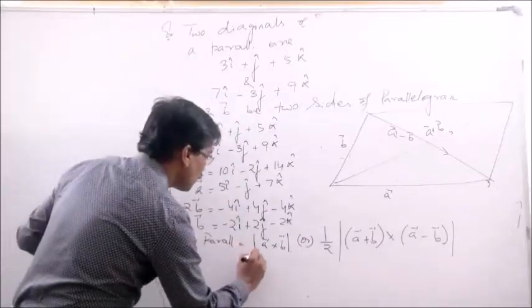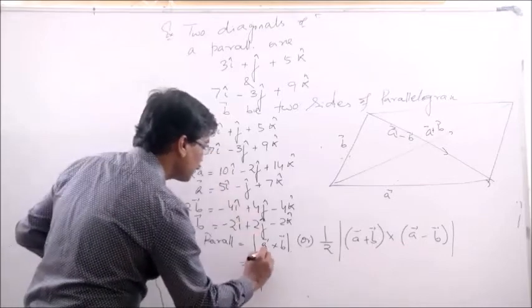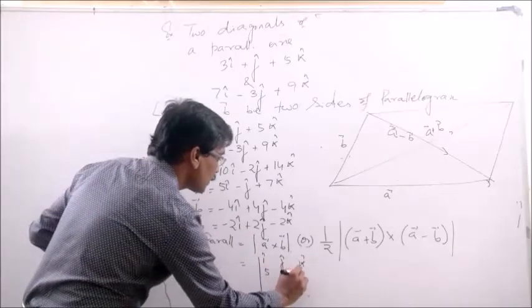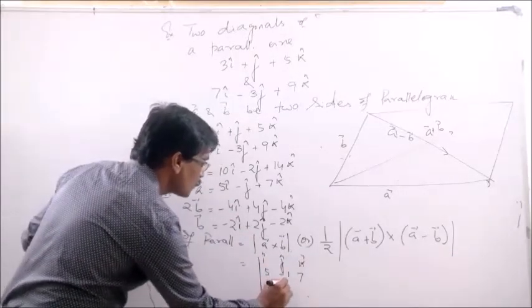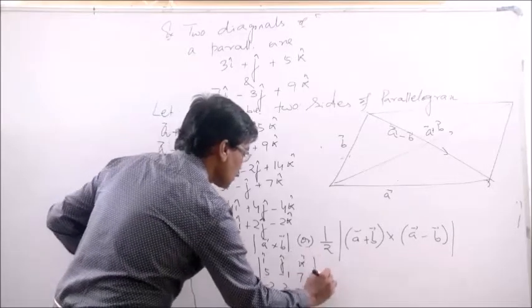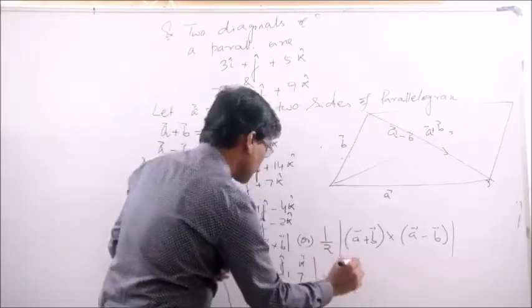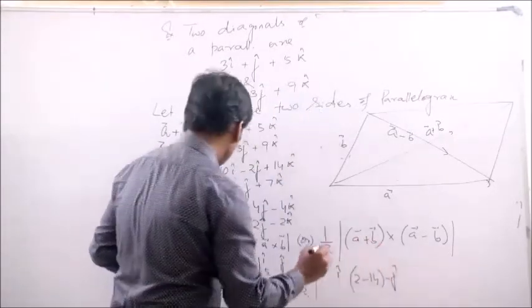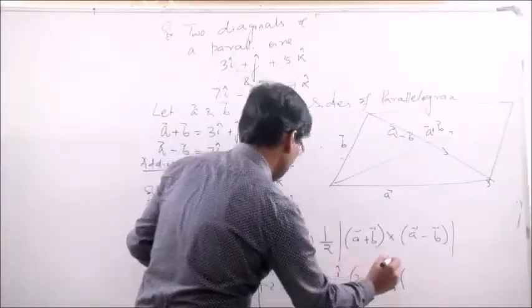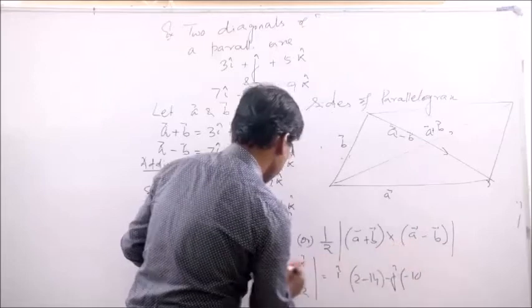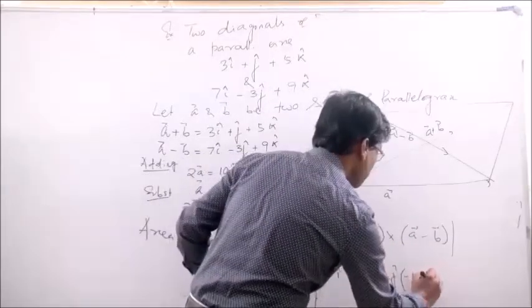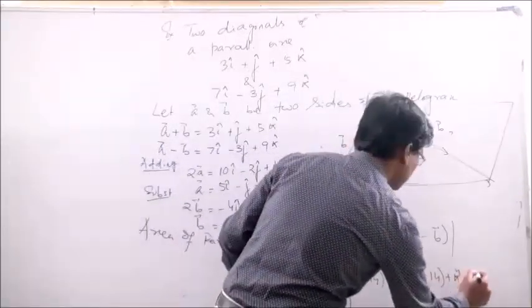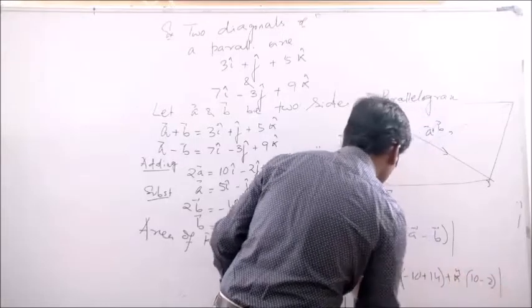So that is equal to i cap, j cap, k cap, and A vector is 5, -1, 7, and B vector is -2, 2, -2. So which is equal to i cap into (2 minus 14) minus j cap into (-10 plus 14) plus k cap into (10 minus 2), its magnitude.